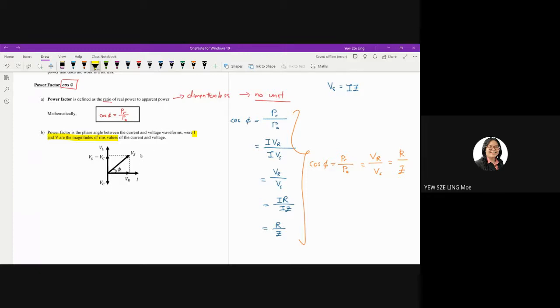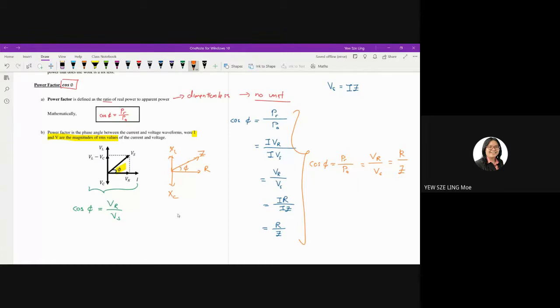So from this diagram, just now we were doing it according to the derivation. But now if you look at this diagram, you have an angle here. In order to calculate cos phi by looking at the phasor diagram, straight away I know cos phi is VR over VS. If you're looking at the phasor diagram for impedance, this would be your R, this would be your XL, this would be your XC, this is your Z, and this is the phase angle.